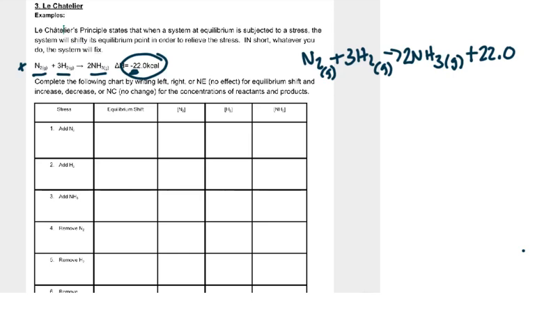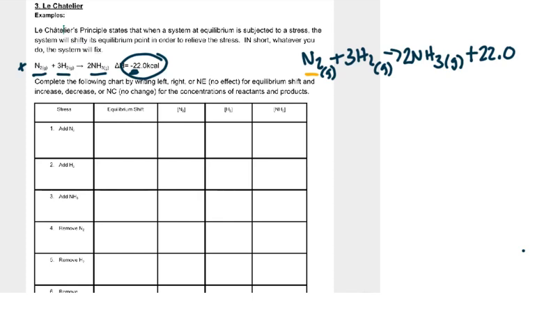What I'm taking you through here is the first example, and we're going to go through each of these and how they affect the system. If I add N2, which is one of my reactants, I'm going to increase N2. What happens when I do that? If I increase N2, then I have more reactants than I have products.